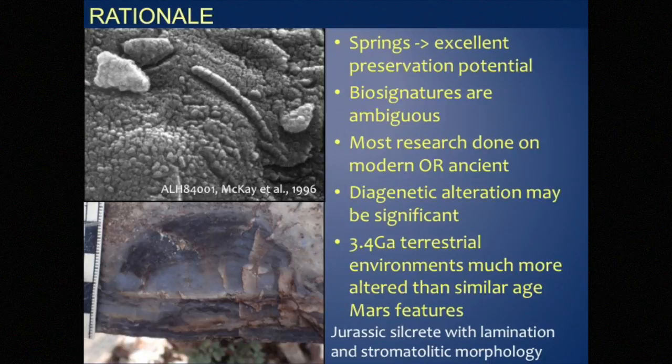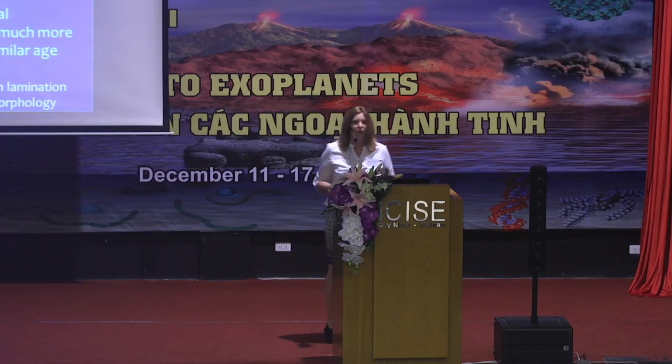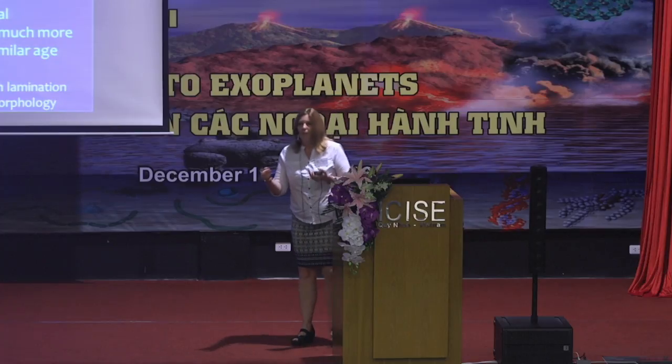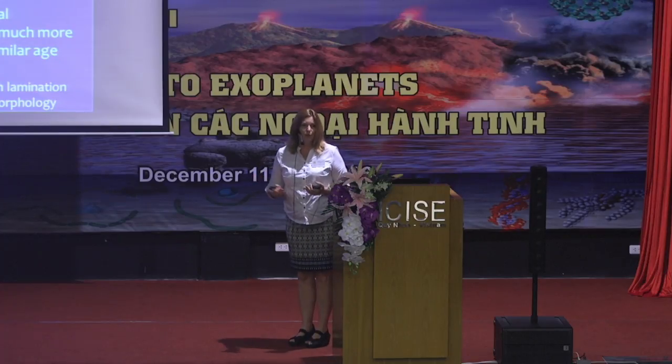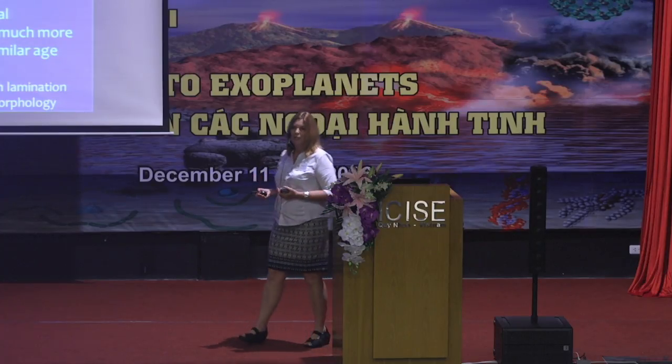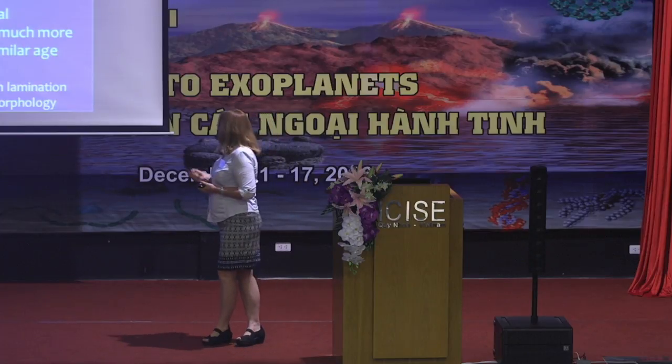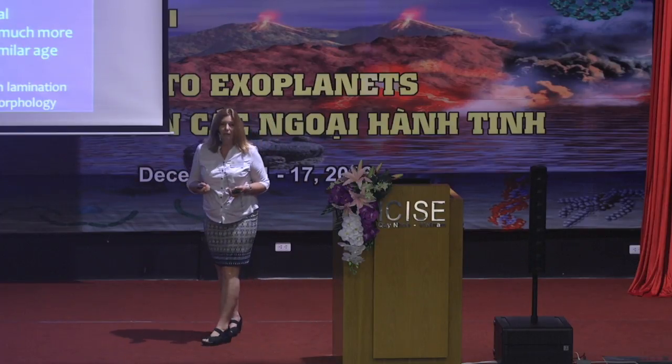Another point I'd like to make is that ancient terrestrial environments are potentially and probably much more altered than similar aged environments on Mars. So I look at Jurassic age rocks, and that is probably a better analog in terms of diagenetic alteration, because it's going to be limited on Mars.